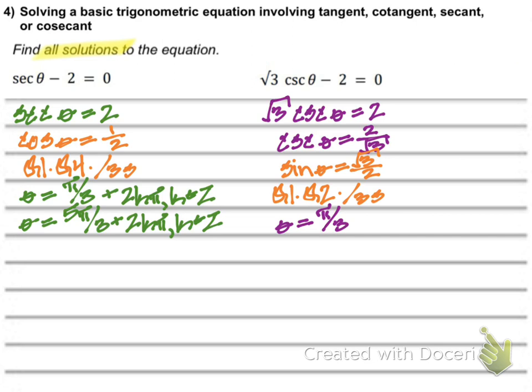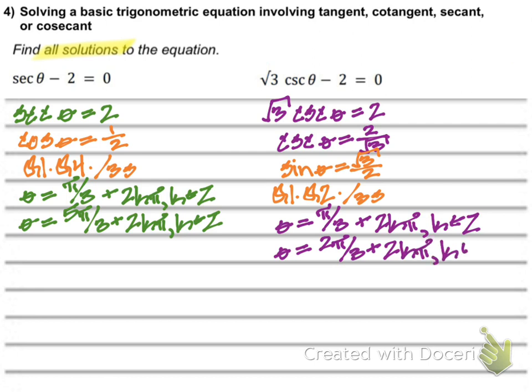And my over 3 in quadrant 2 is 2 pi over 3. And they are not pi apart, correct? So they both get the 2k pi, where k is in z. Plus 2k pi, where k is in z. One more.